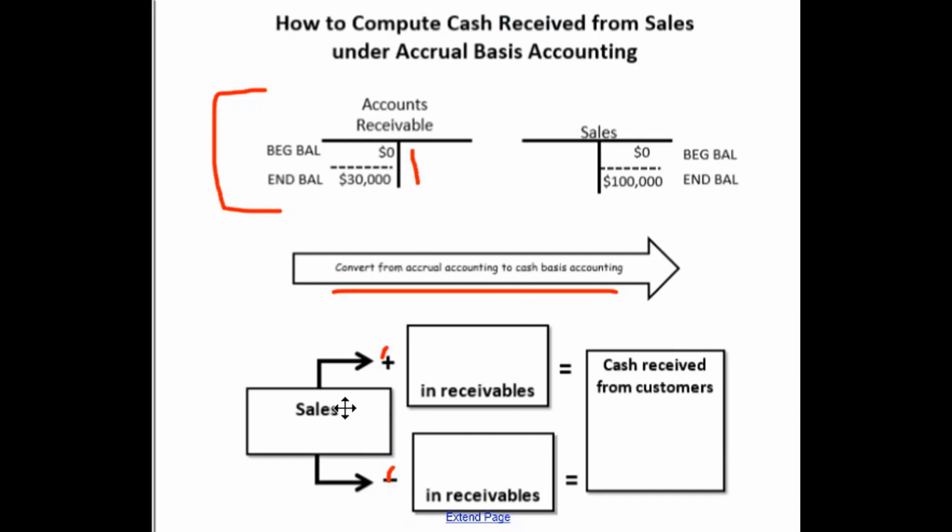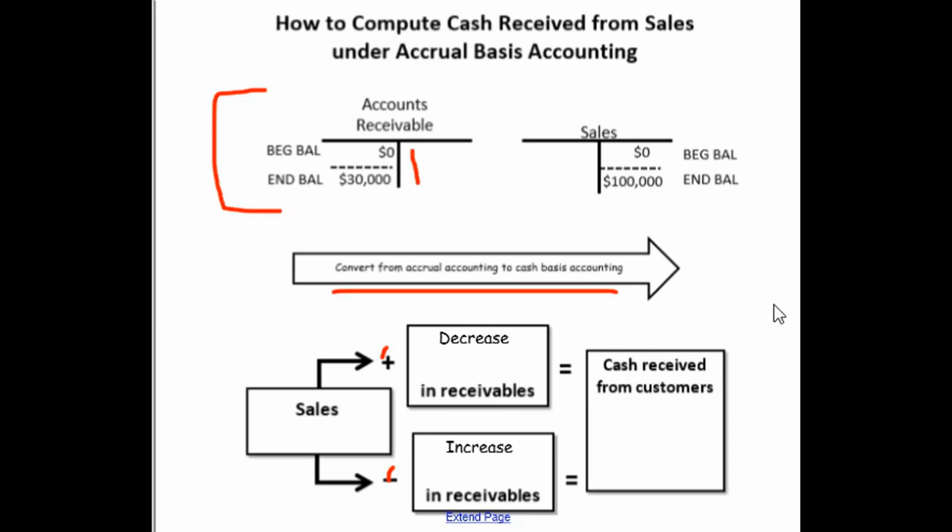So let's take a look. If we take one path, we're going to add something. If we take another path, we're going to subtract something. So we have to determine on these boxes which is an increase in receivables and which is a decrease in receivables. The top box represents the decrease in receivables. So if we have a decrease in our accounts receivable, we add that amount to our sales.